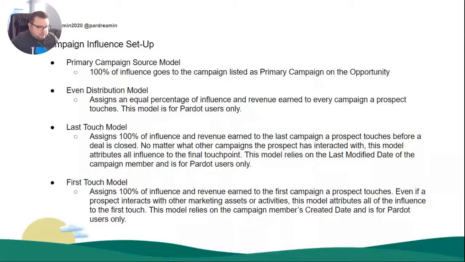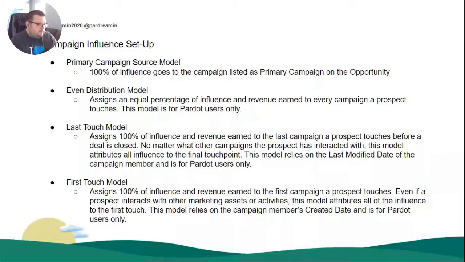And Julia asks, how is first touch different from the primary campaign source model? They aren't really that different, except for what the primary campaign is. The primary campaign is going to apply regardless of first touch, last touch, or how many other things happened. Let's say their first touch is a form fill, and there's a campaign there.